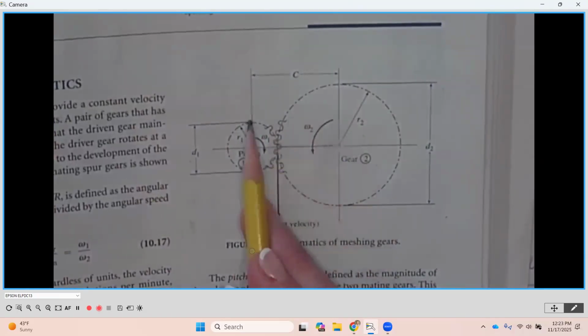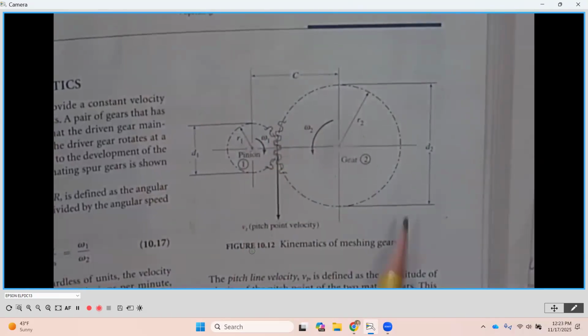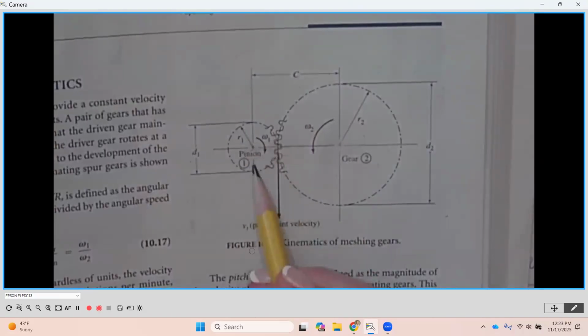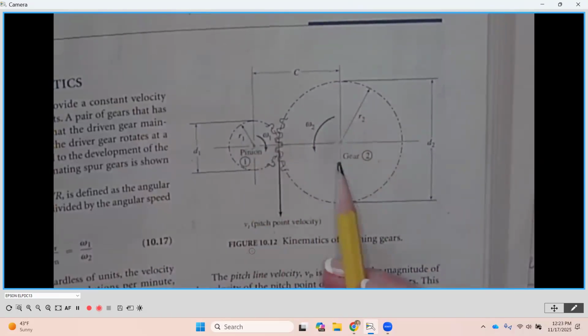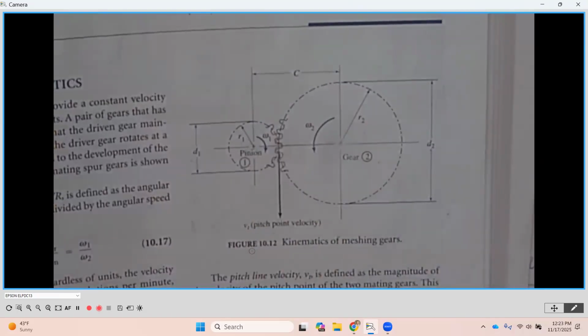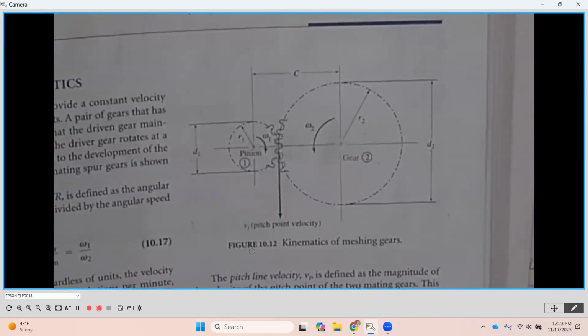So how far apart would the centers of each of the gears be, the pinion being the smaller gear and the larger one being the gear, so pinion and gear. That's going to be a big one. And the reason we want to find center distances is, as you can see here, it's the physical size. How much room are these going to take up? And then when we mount our gears, that center distance is going to be important because we have to accommodate that to be sure that we get appropriate engagement.